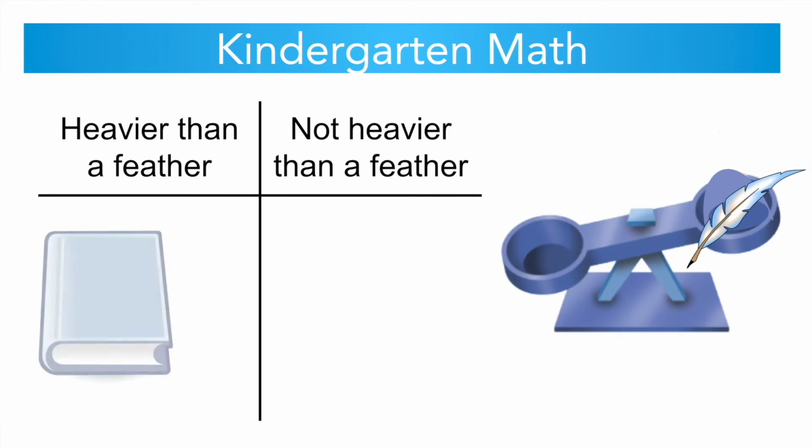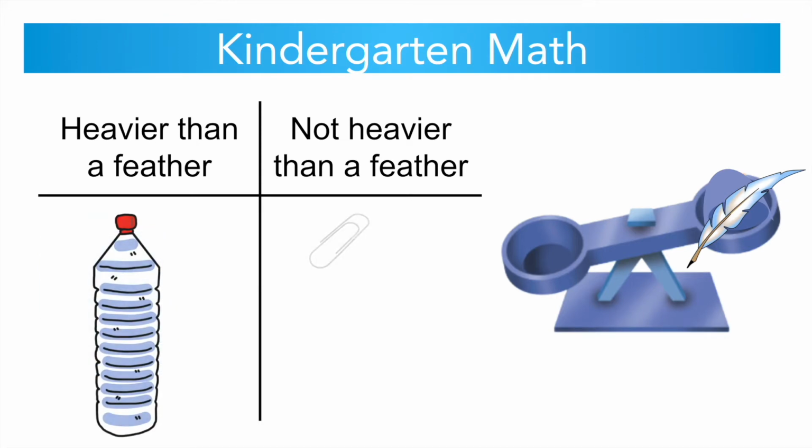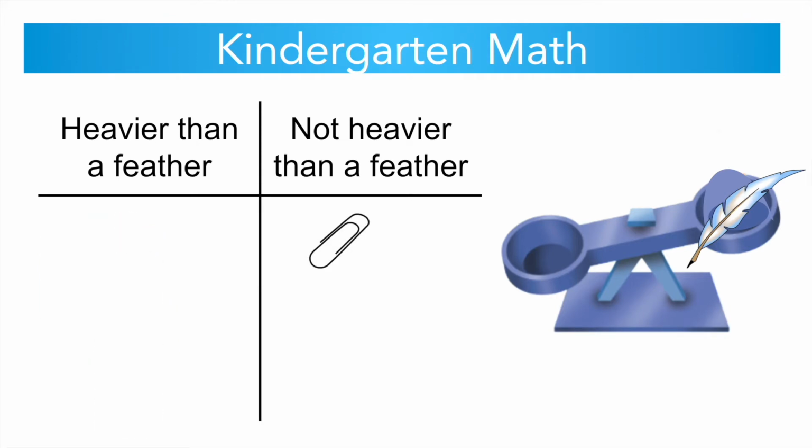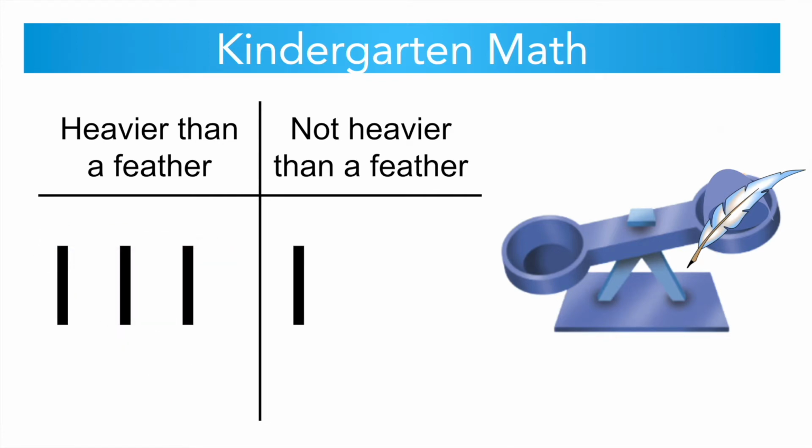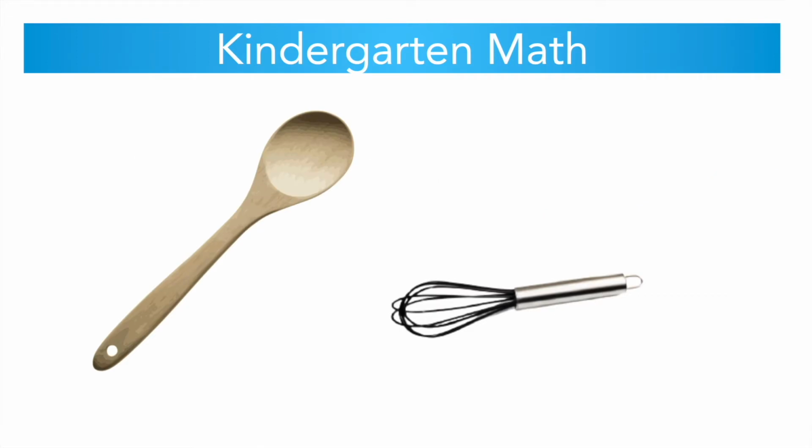Here we have a book, a bottle, a paper clip, and some expo markers. It will be important for students to continue to practice past learning and count the objects that fit into each category. Students can identify measurable attributes in context.